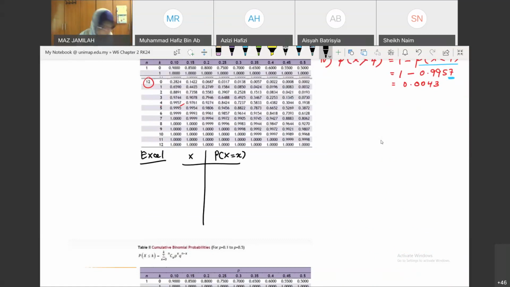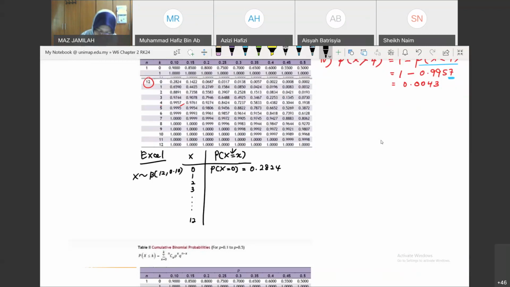The number of trials is 0, 1, 2, 3 until the 12th trial. This is exactly P(X = 0). The Excel will give you 0.2824. Now, this refers to X following binomial with 12 and 0.1.